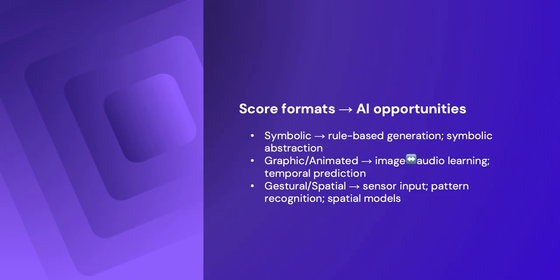There is no universal best format. Each family opens different AI opportunities and different risks. Your job as a composer or researcher is to match the AI role to the score's job. Clarify the function first, then choose methods that support that function.